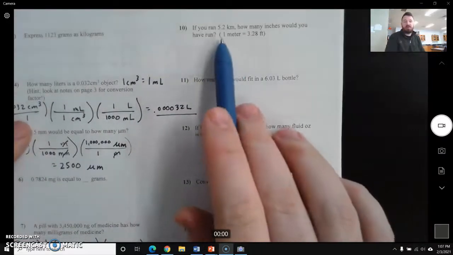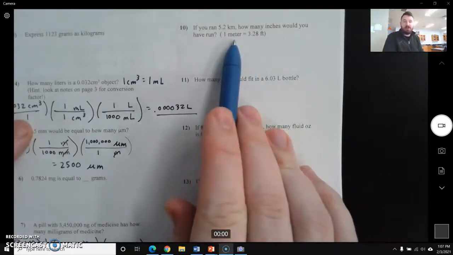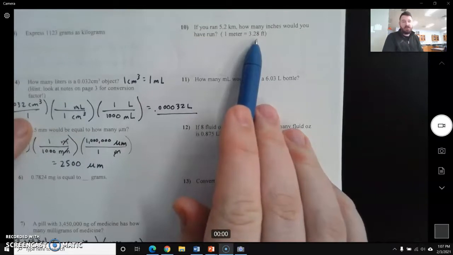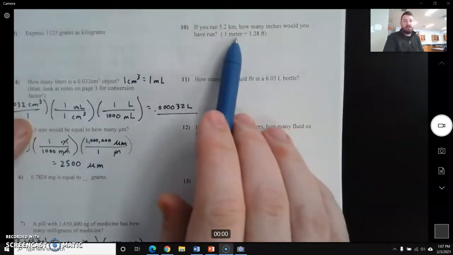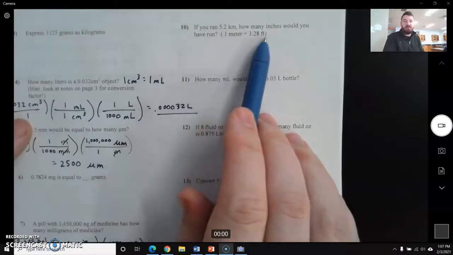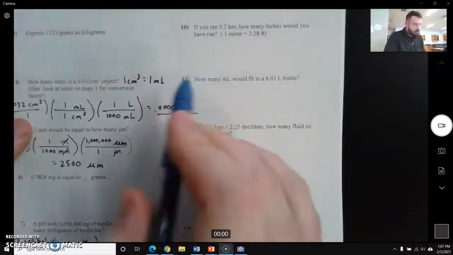If you ran 5.2 kilometers, how many inches would you have to run? And it does tell us that 1 meter is equal to 3.28 feet. So that lets me know that, okay, I want to go from kilometers to meters, then meters to feet, and then I can go feet to inches. So let's take a look at how this would appear.